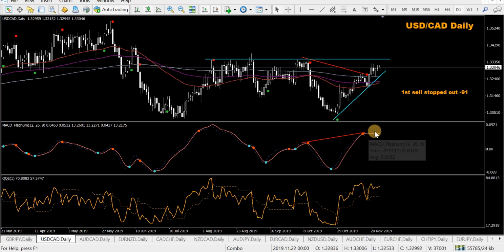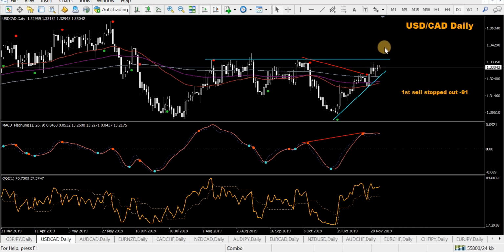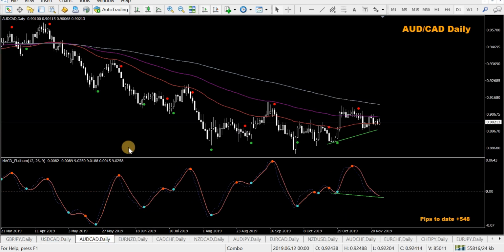So that was a hidden bearish divergence. And I can tell you now, these hidden bearish divergences normally work out, maybe not the first go. Say, for example, I got a buy signal. I could take that and hedge it, then take a second sell. They tend to work out most of the time. You can see it's very flat too, this pair. So it's USD CAD, just waiting, nothing doing at the moment.